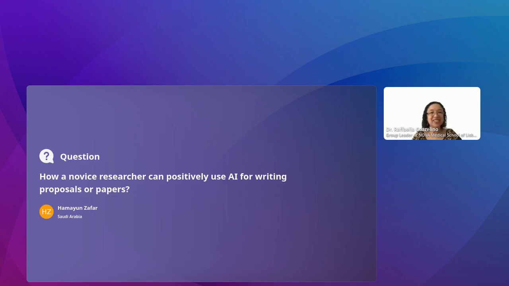Another question is how a novice researcher can positively use AI for writing proposals or papers. Everybody has been a novice researcher, right? My advice to you is to use AI as a tool to get where you want to get, and not to rely on AI tools to write your proposal or paper.